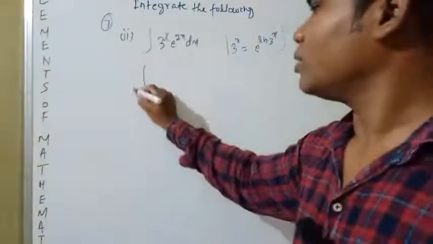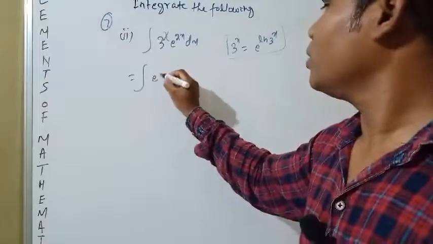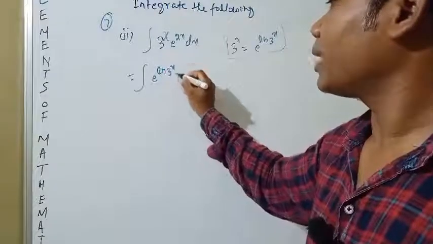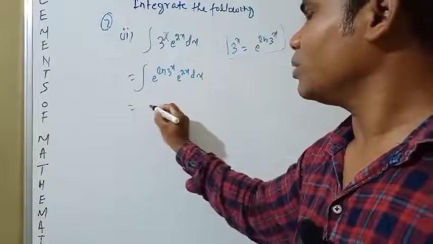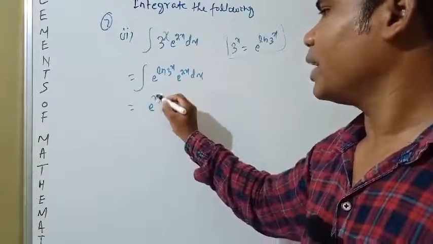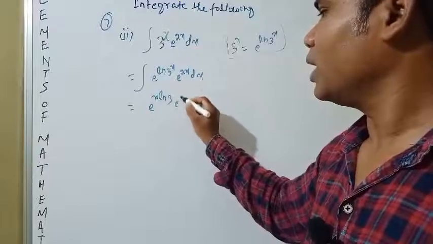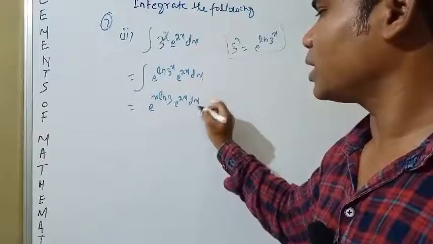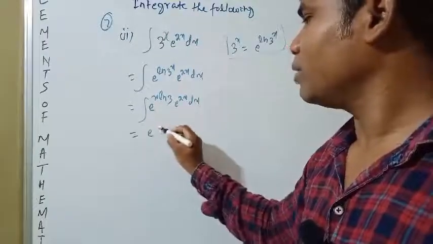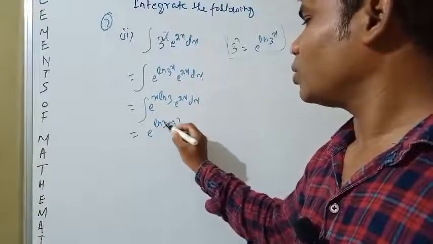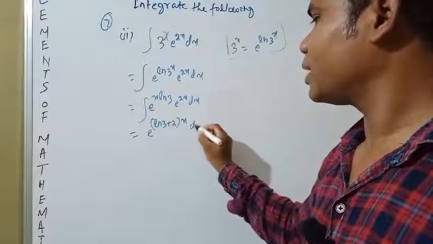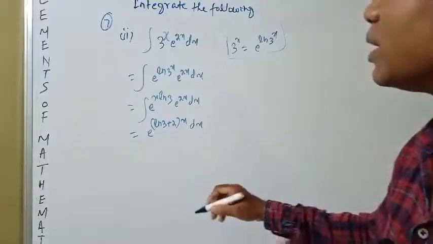So this is equal to e to the power ln 3 to the power x e to the power 2x dx, is equal to e to the power x ln 3 e to the power 2x dx, is equal to e to the power ln 3 plus 2 x dx.